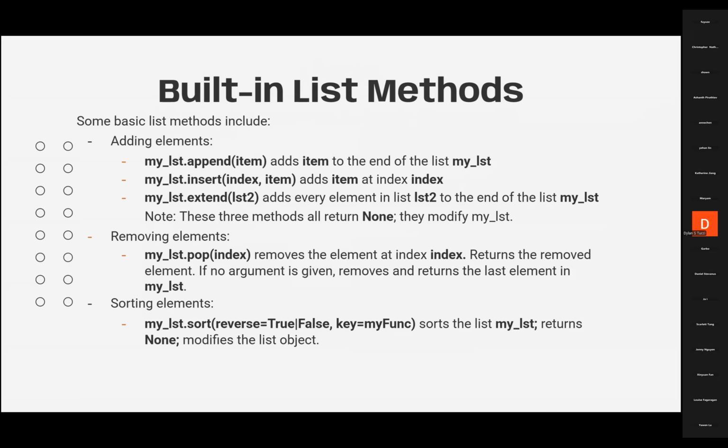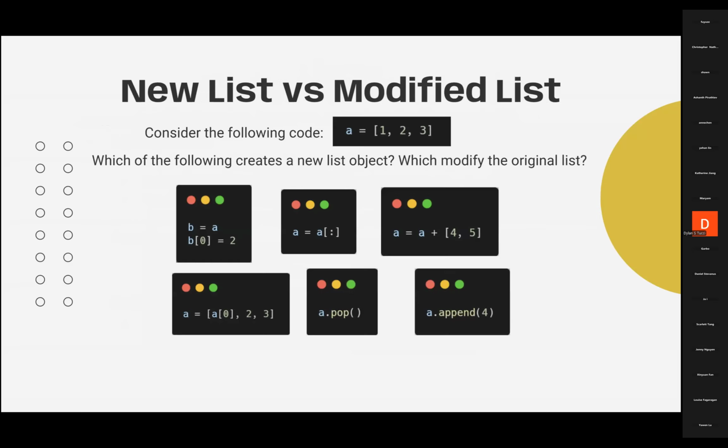The first parameter, reverse, is equal to true or false, which means you want to sort in ascending or descending order. The key is your function, like your sorting function. I think you didn't learn lambda in this course, but you can write a function which defines the key to sort the list.